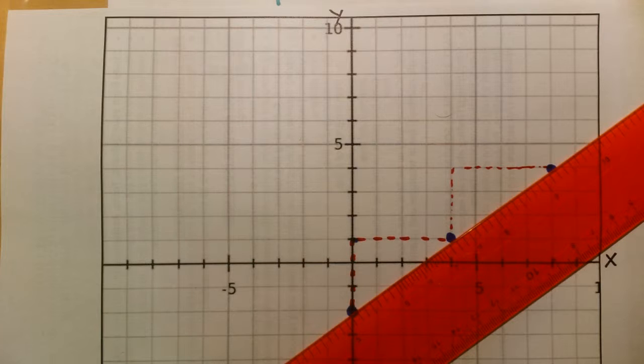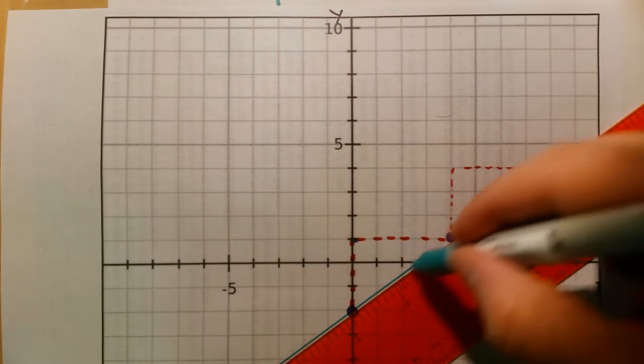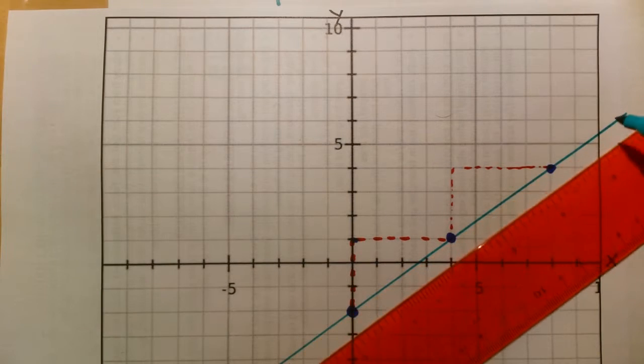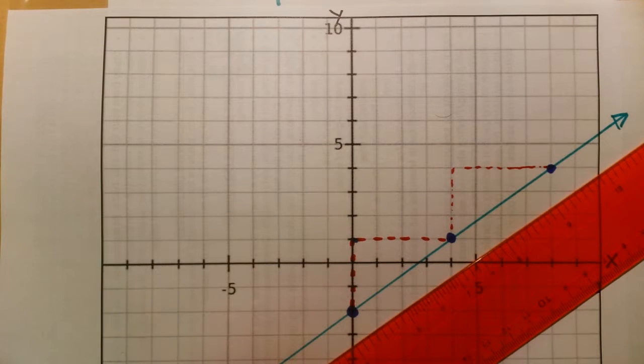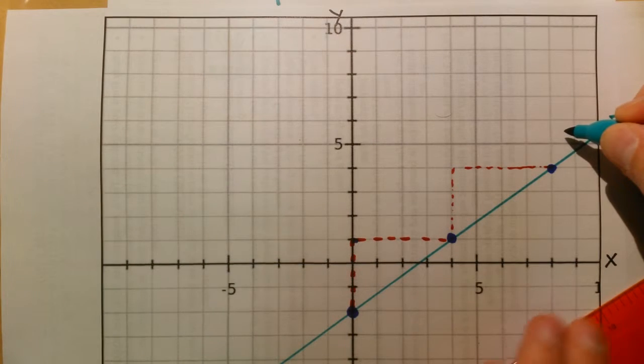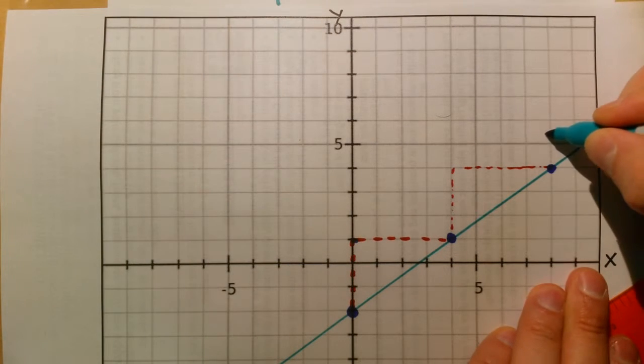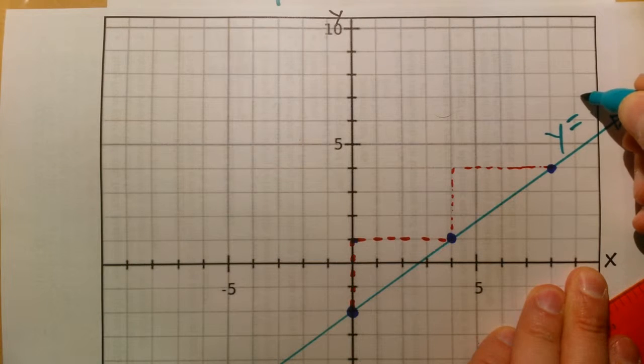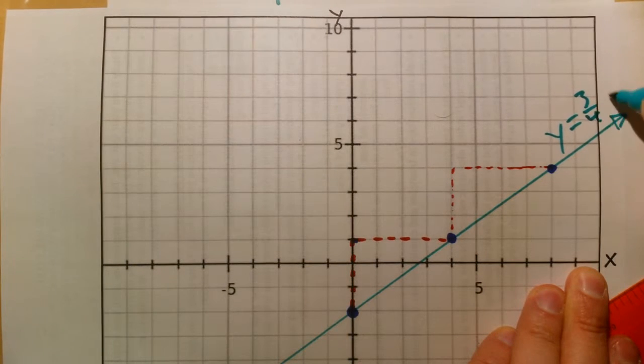Let's use this green, and you can extend it, put an arrow at the end, and then we can simply write the equation of this line, indicating that this is the equation of the line that we just graphed.